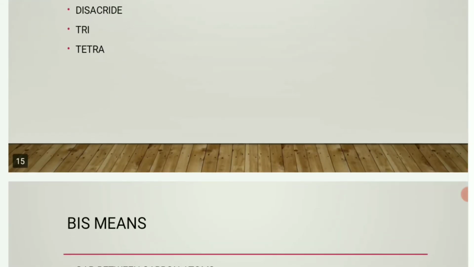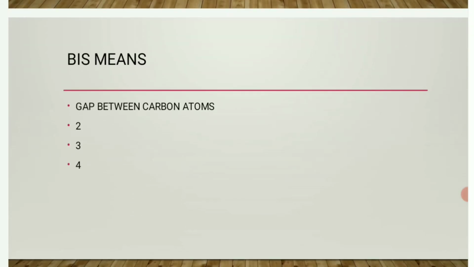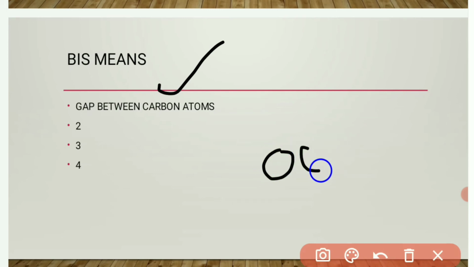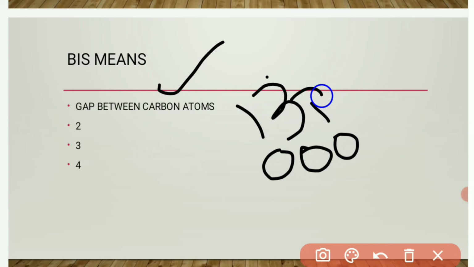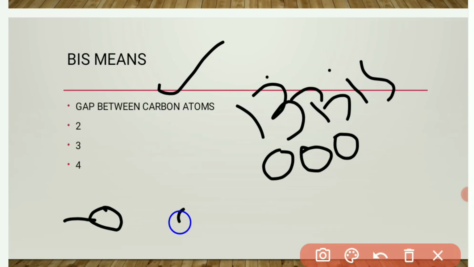Glucose is a monosaccharide. Bis means a gap between carbon atoms. For example, 1,3-bisphosphoglycerate: bisphosphoglycerate means the gap between the first carbon and the third carbon, with the second carbon in the middle.